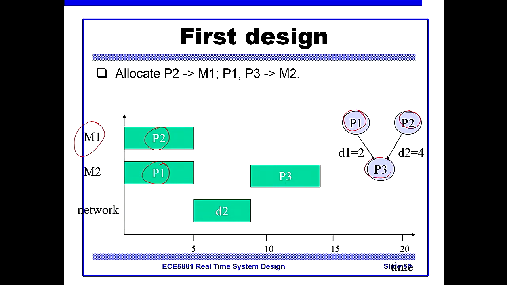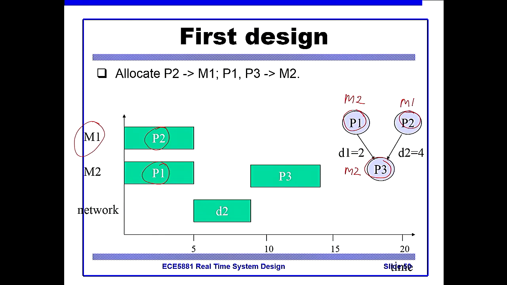So M1 is running P2 and M2 is running P1. And we're going to run, obviously, P3 on M2 because we have no choice.